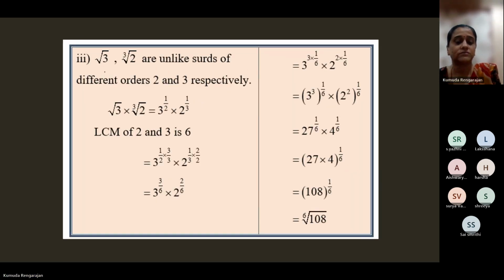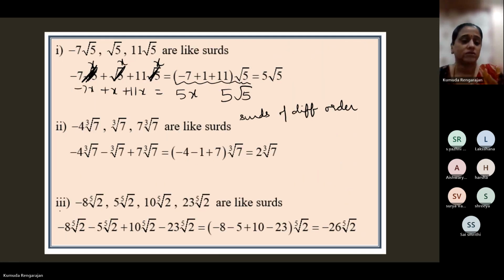See here, square root of 3 and cube root of 2 are unlike surds of different orders, 2 and 3 respectively. The irrational factor must be exactly the same. If one is square root of 5 and the other is cube root of 5, the irrational factor is not exactly the same.